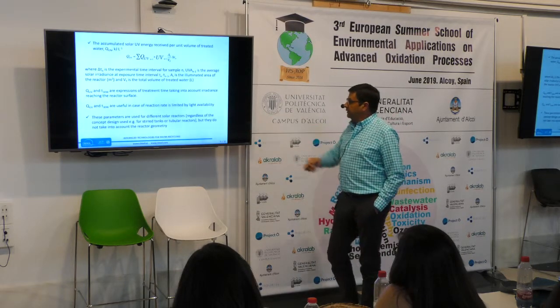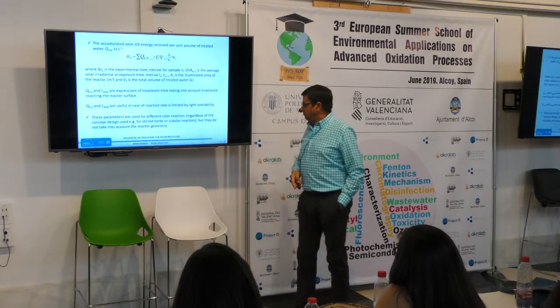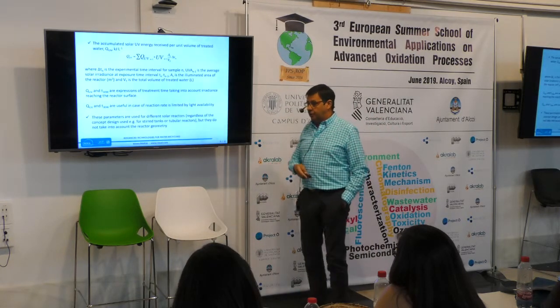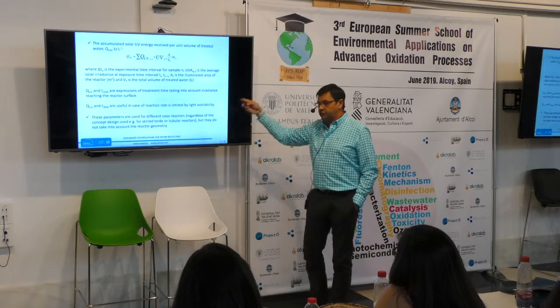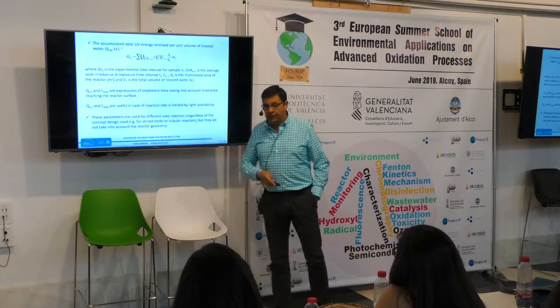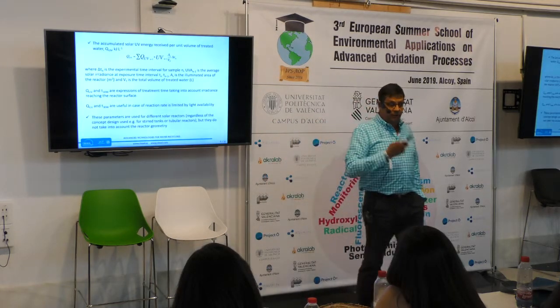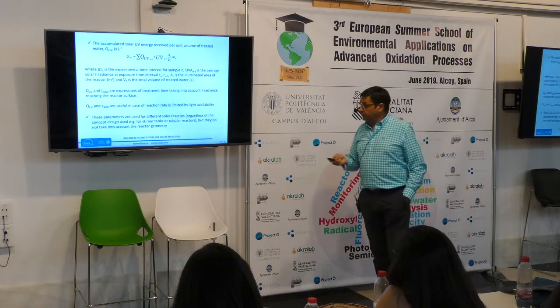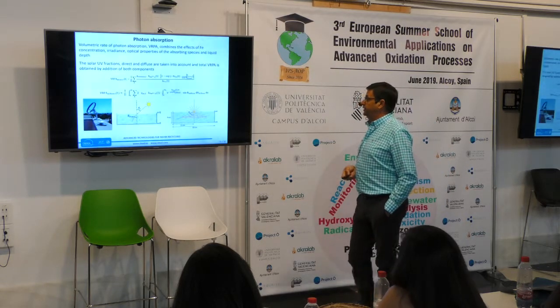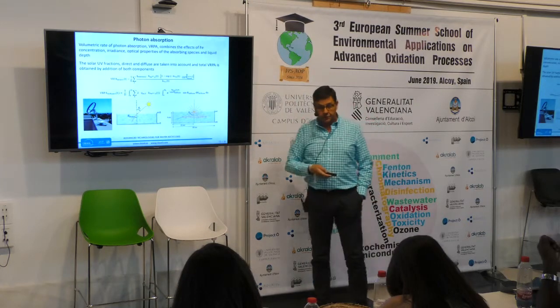But these parameters are used for different solar reactors, regardless of the concept design, stirred tank or tubular reactors. They do not take into account the reactor geometry, only the light reaching the reactor surface. To take into account the reactor geometry, we need to take into account the photon absorption.